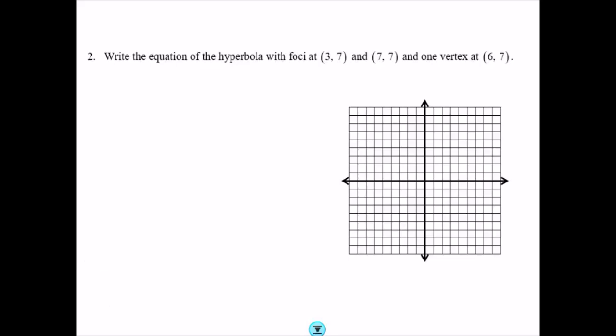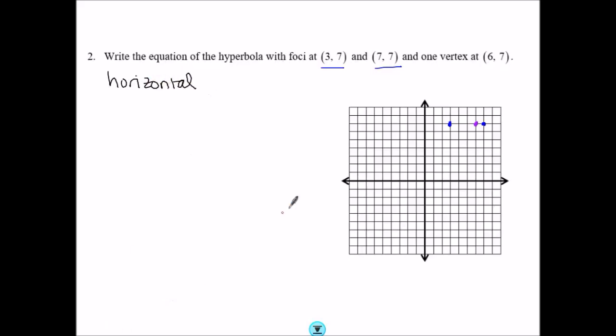Next, we are given that the foci are (3, 7) and (7, 7), and we know that one vertex is at (6, 7). Well, clearly this is also a horizontal hyperbola.